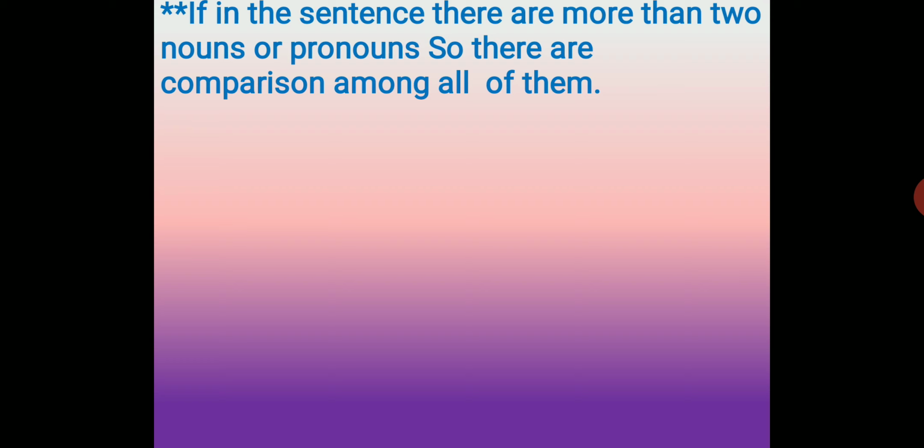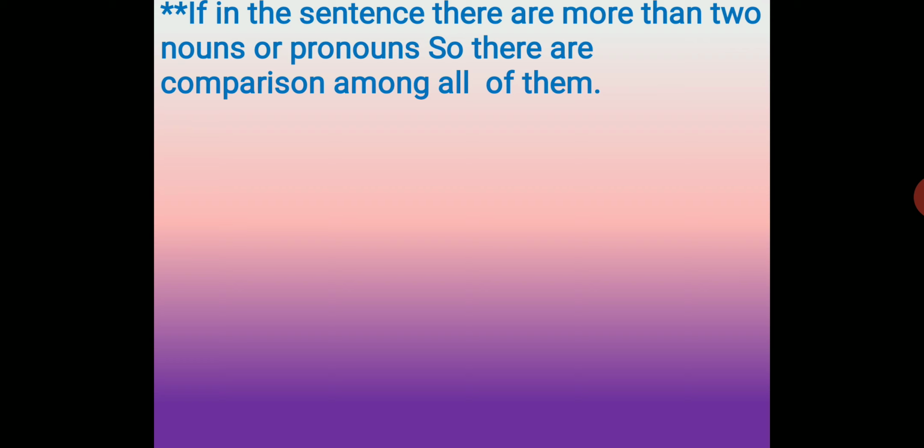If in the sentence there are more than two nouns or pronouns, then there is a comparison among all of them. As I said, if you have more than two pencils, for example 7 pencils, then there is a comparison among all the 7 pencils, right?